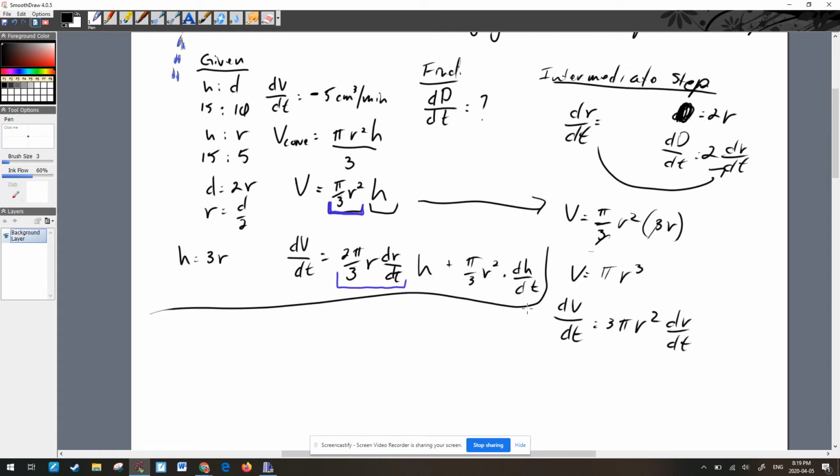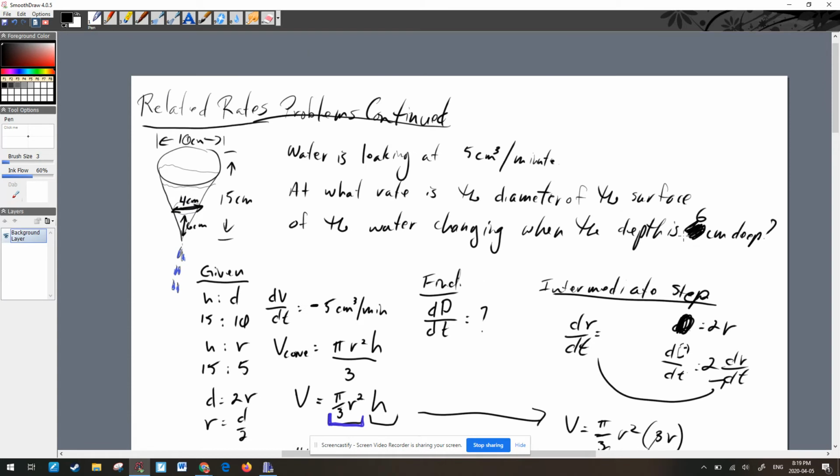Now, we know what dv by dt is. It is negative 5. So negative 5 is equal to 3 pi. What we don't have yet is the snapshot calculation for radius. So I go back up here, and it actually told us a snapshot.